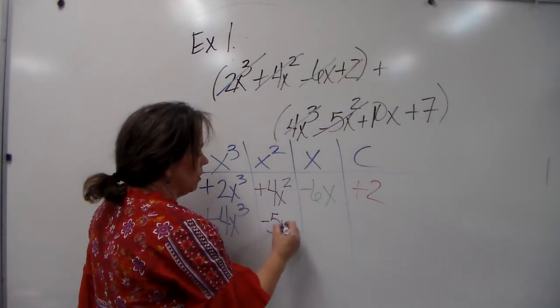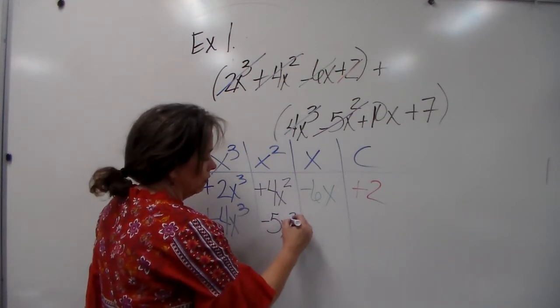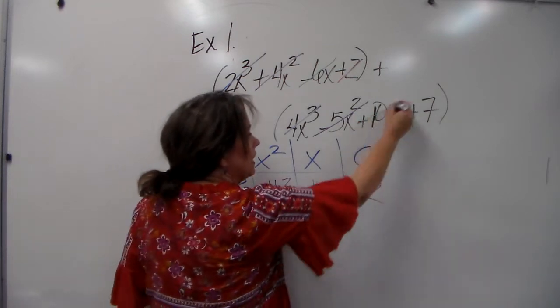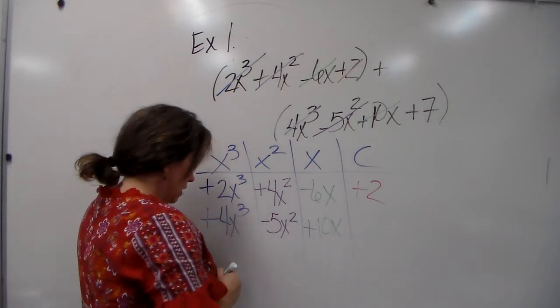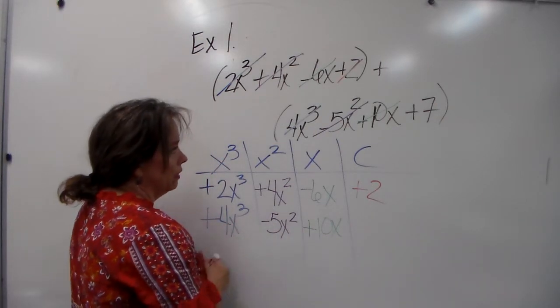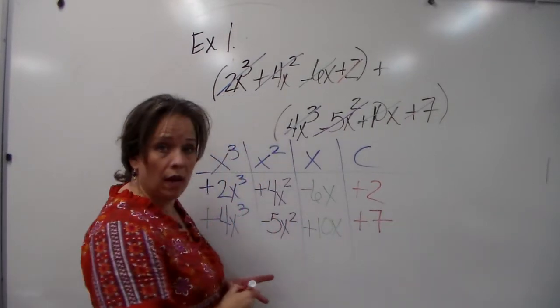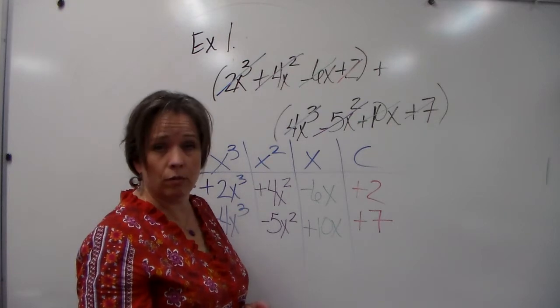Be real careful to be bringing our signs along correctly. Then we have a plus 10x. And we have a plus 7. So now we have all of our terms sorted into like terms.